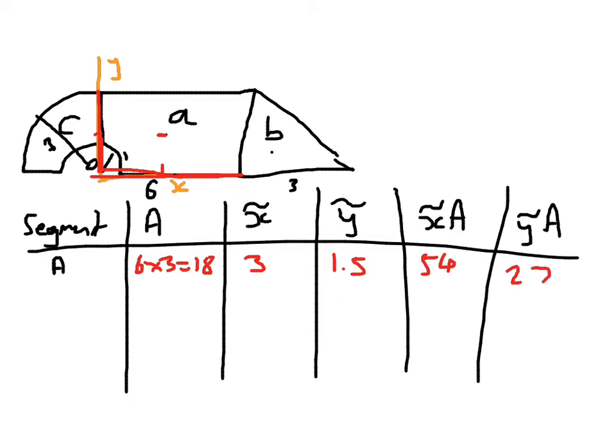The triangle, a little bit more complex. So B, the area of a triangle, base times height, 3 times 3, 9, over 2, 4.5.